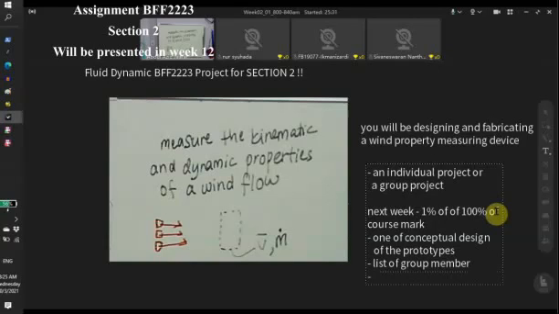This task will be submitted to your group leader, and privately sent to me. Right. So next week, Wednesday, midnight.